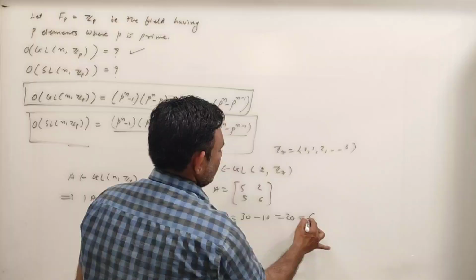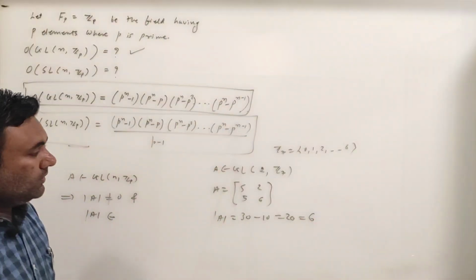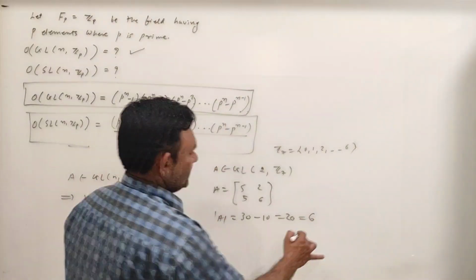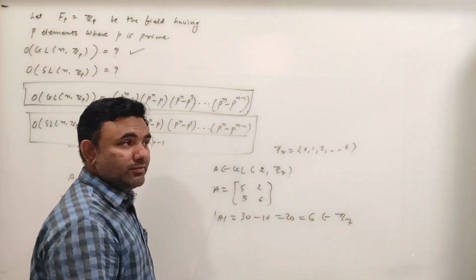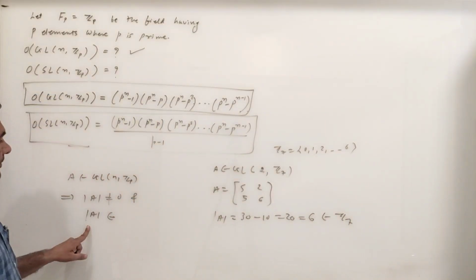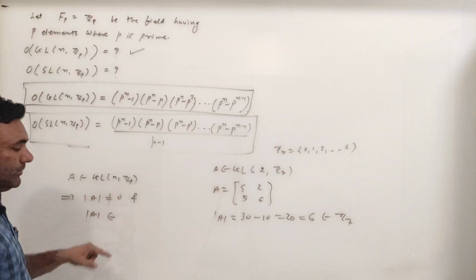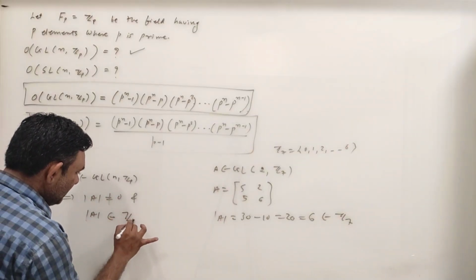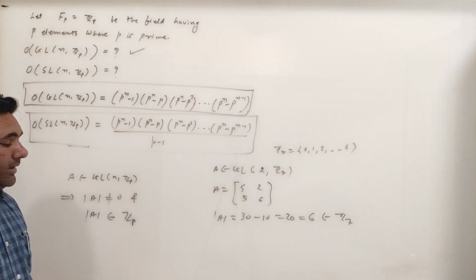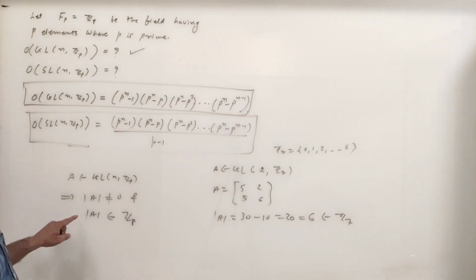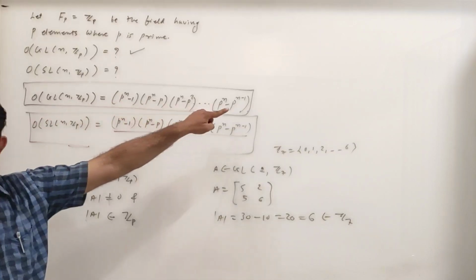It is 6, right? So 6 is an element of Z7. Earlier, 1 is an element of Z7. So whatever determinant of A belongs to GL(n, Zp), it will be an element of Zp, right? Now we know how many are non-zero.